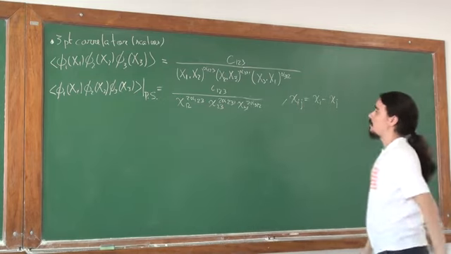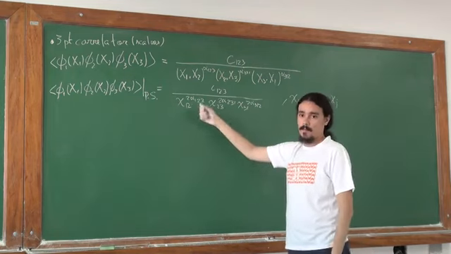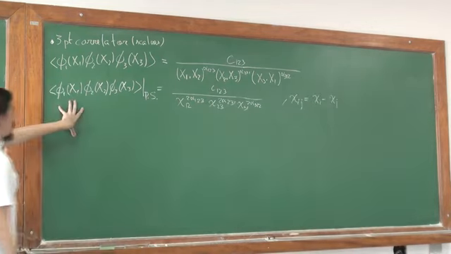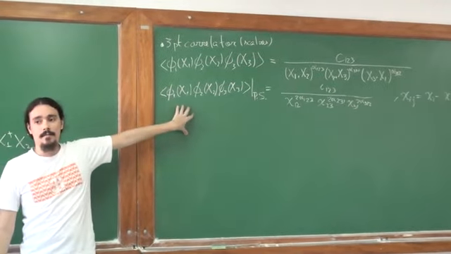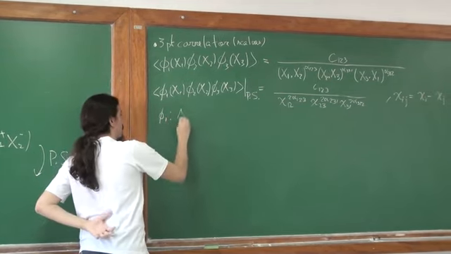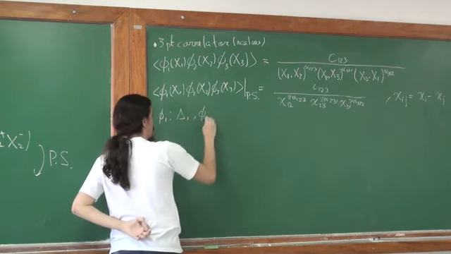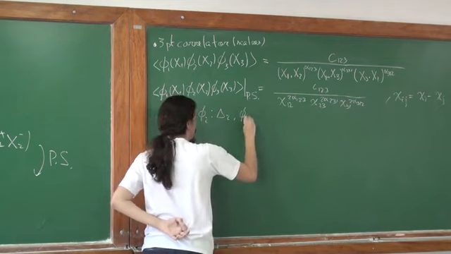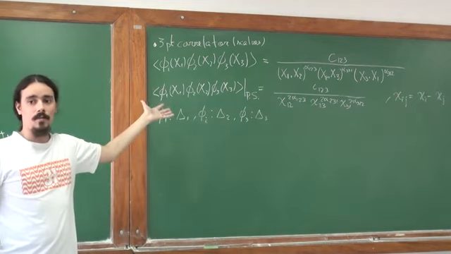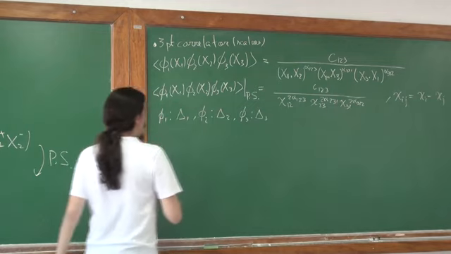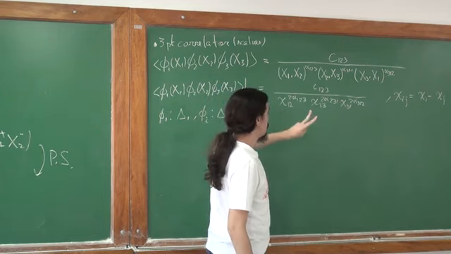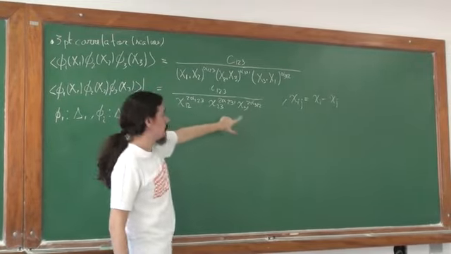Okay, now we need to fix, if we can, these 3 powers here. And the way to do it is this correlator must have scaling invariance. So say phi1 has scaling dimension delta 1, phi2 has scaling dimension delta 2, and phi3 has scaling dimension delta 3. They can be different in principle. The thing is, in this denominator on the right hand side, I have 2 sources of x1, this guy and this guy.